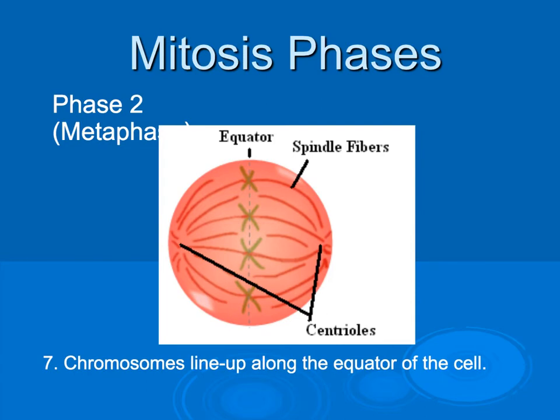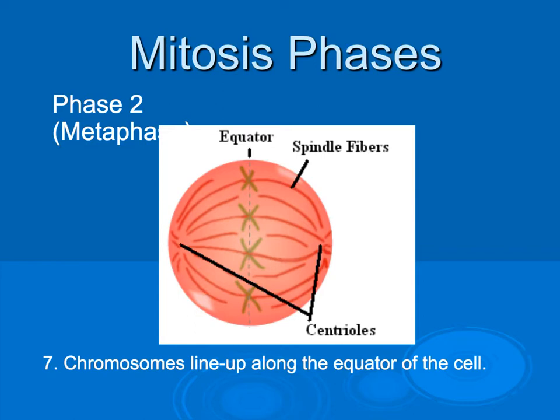So now those fibers I pointed out, this is phase 2 or metaphase, and here are those fibers now. You can see that they have kind of aggregated to the ends of the cell.